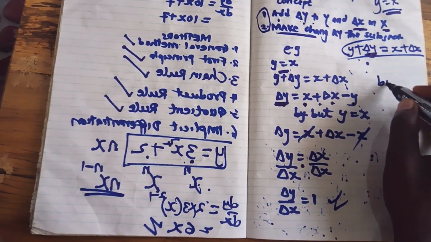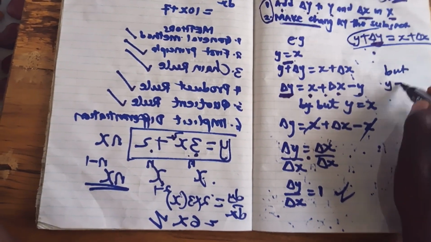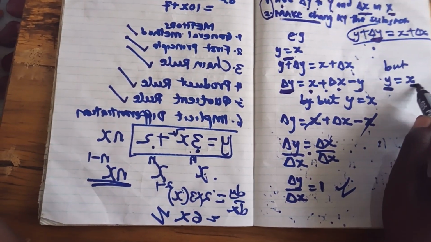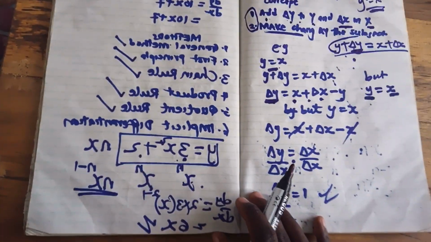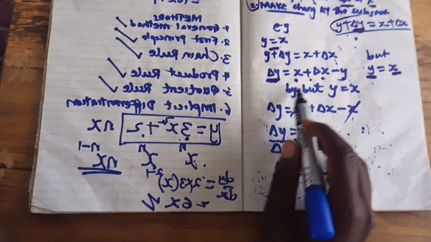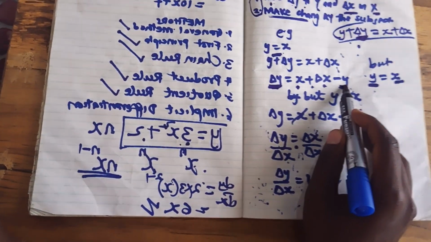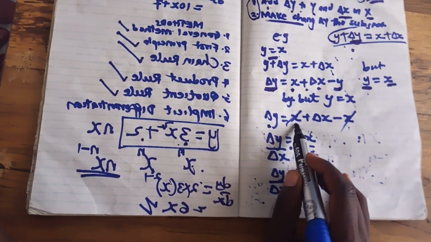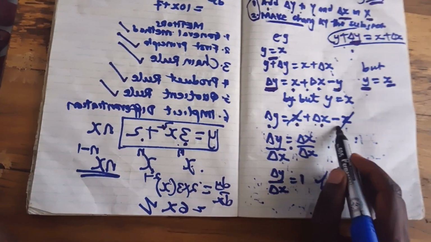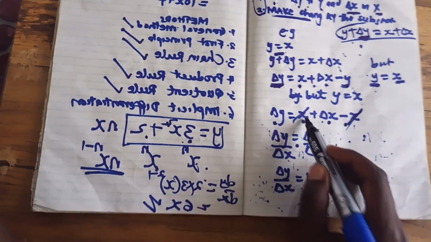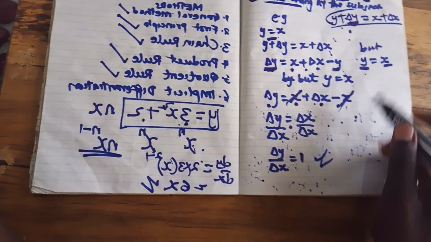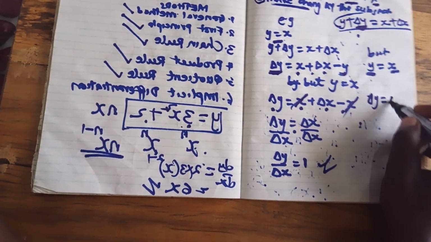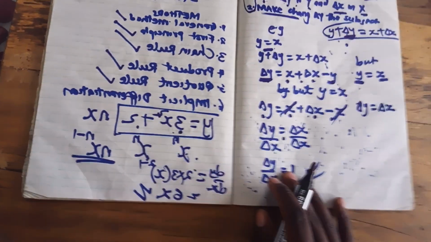But we have to remember our y was equal to x. So this y we replace by x. Change in y is equal to x plus change in x minus x. So this x will cancel this x, and we remain with change in y equals change in x.